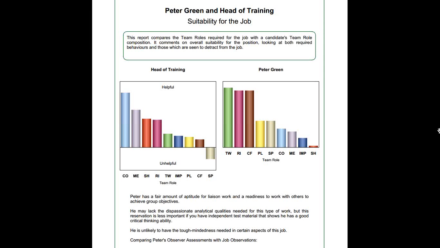Then it's dropping down, and the ones that aren't so key for this job role are team worker, implementer, plant, completer finisher, and what would be potentially unhelpful is being an overt specialist. So you could say there are 4 roles that we're looking for, those top 4, and there's 5 that aren't so key within this particular role that a manager has stipulated.